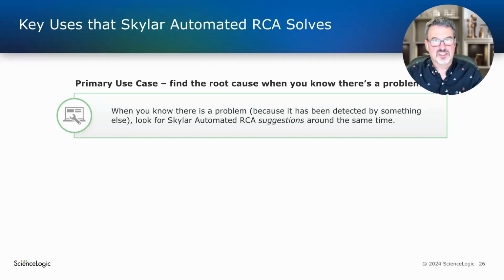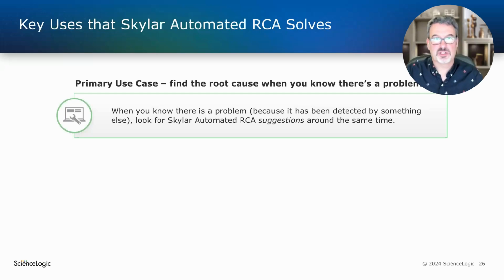In that case, you will see that problems have been detected about the same time that dashboards are beginning to indicate that there's an issue. You definitely get RCA suggestions around the same time, and they can really help identify and confirm that that's the issue. It's also a really great opportunity where you can do automatic resolution of issues that you either expect or have seen in the past.